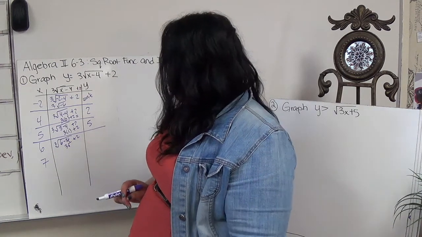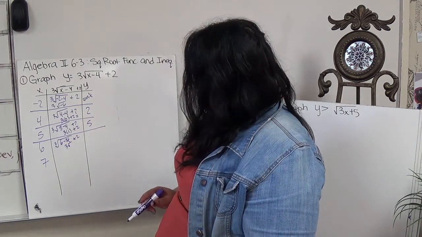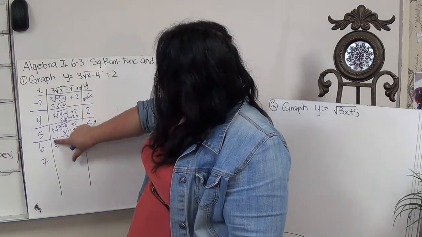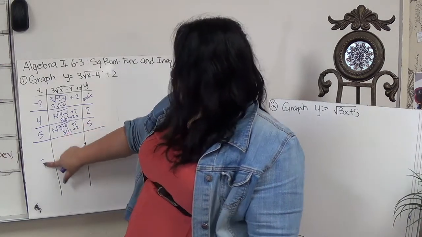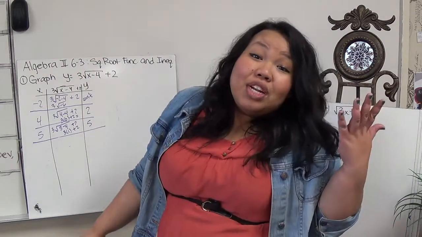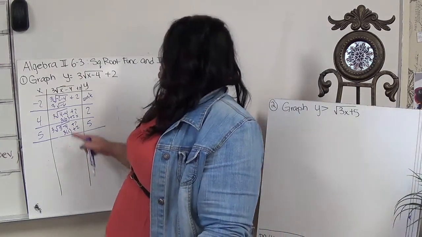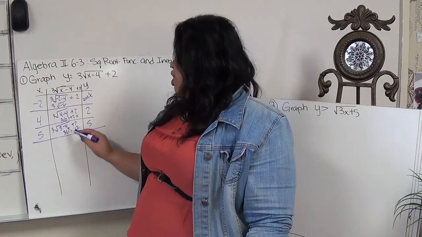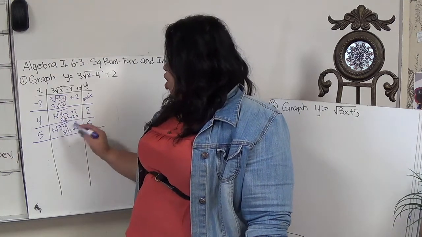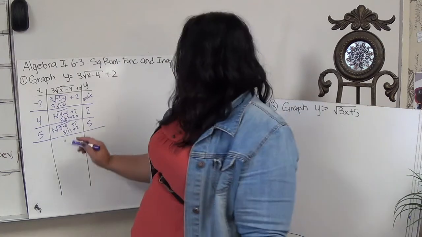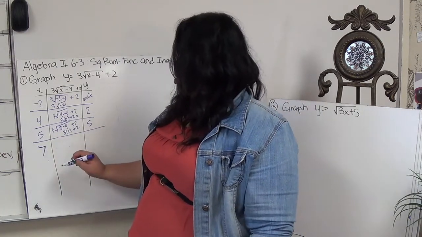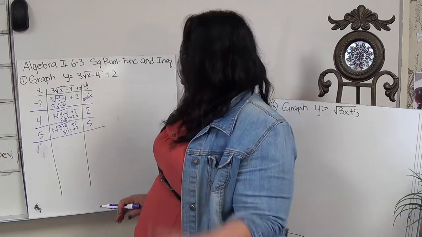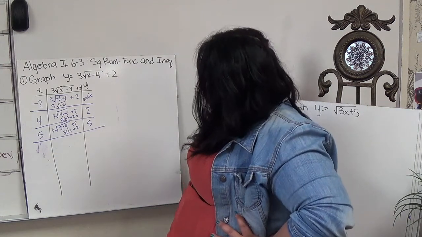I'm going to try a bigger number. I need at least 5 points, and I could keep doing this with decimals, but I don't want to do decimals. I have to make a perfect square on the inside. 4 is a perfect square.